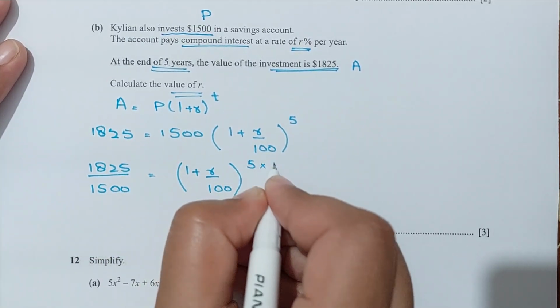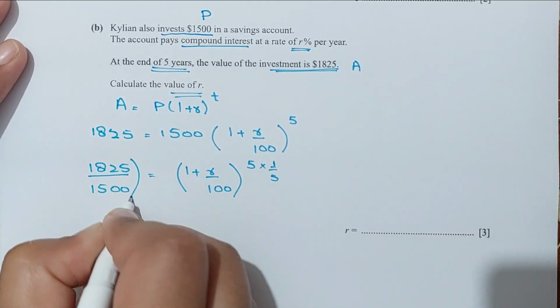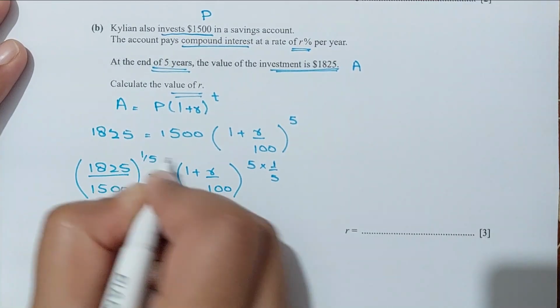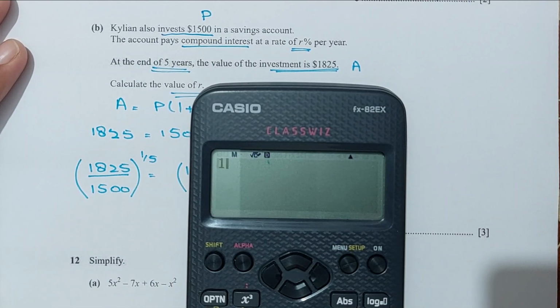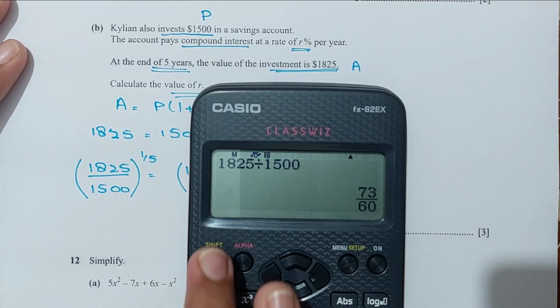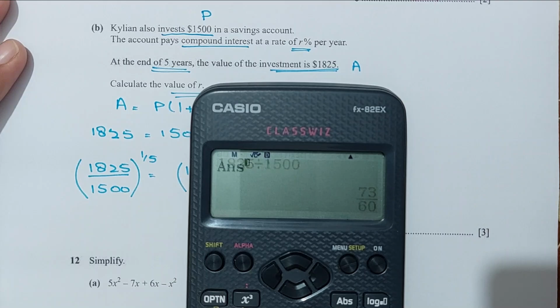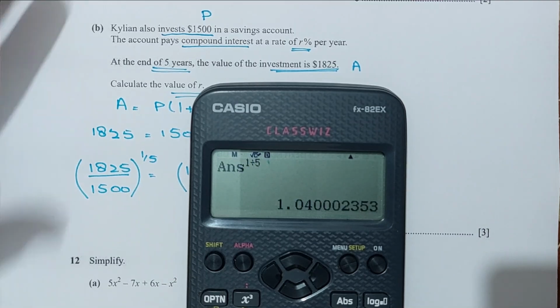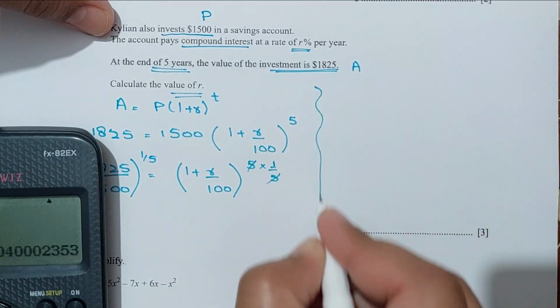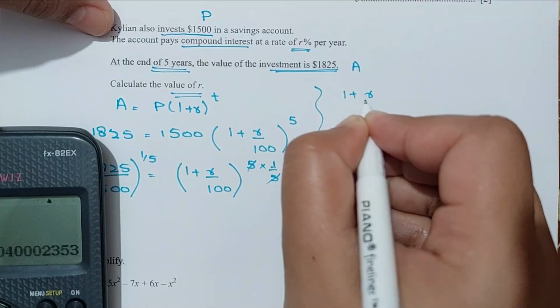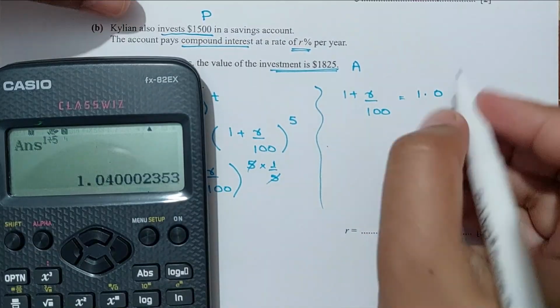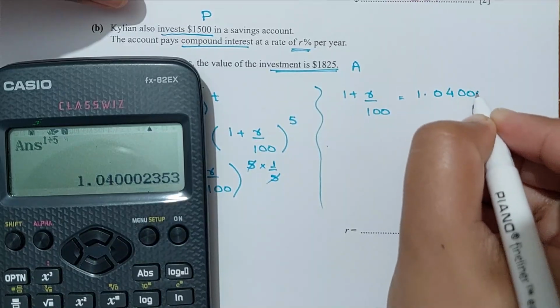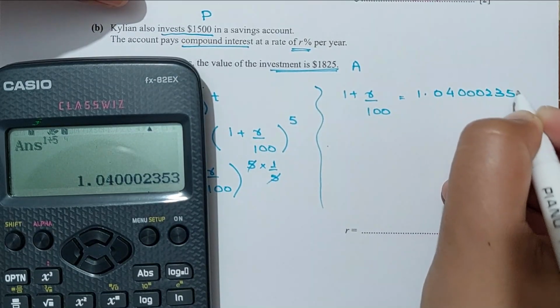Okay, so let me take a power of 1 by 5 on both sides, or we can say the fifth root on both sides. If I simplify 1825 over 1500, and its power is 1 by 5, 1 plus r over 100 would be equal to 1.04000253.